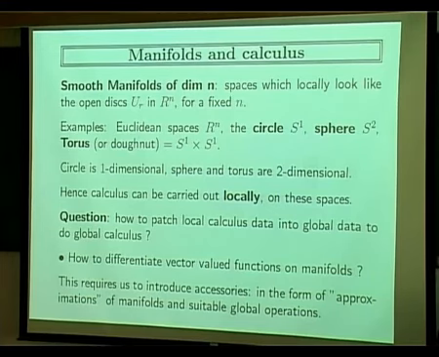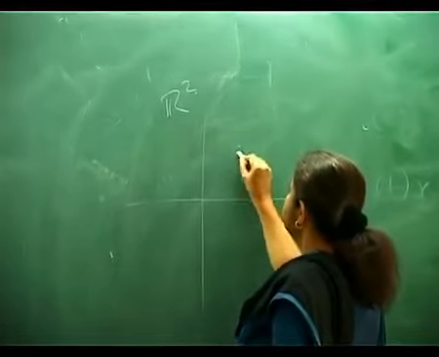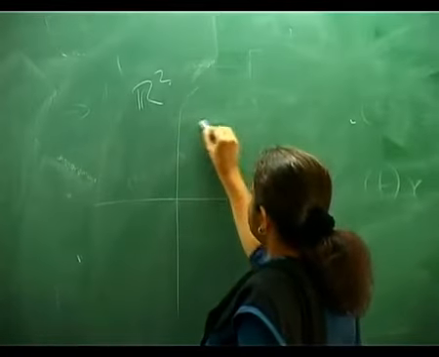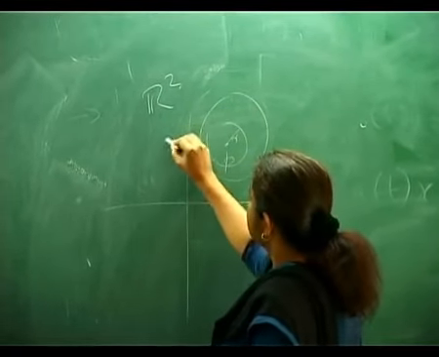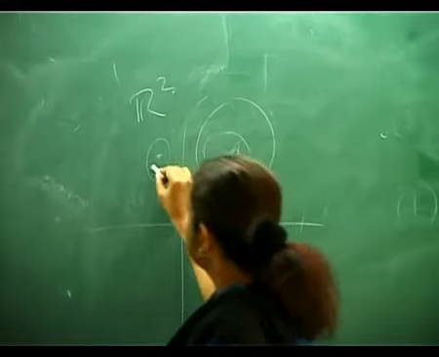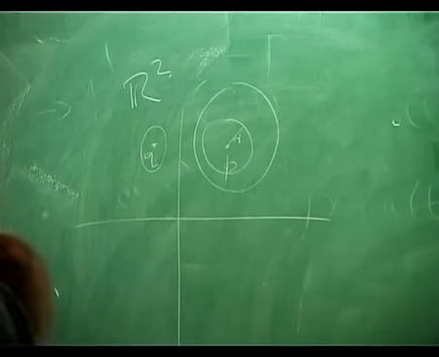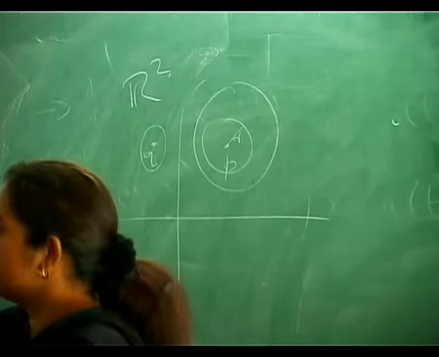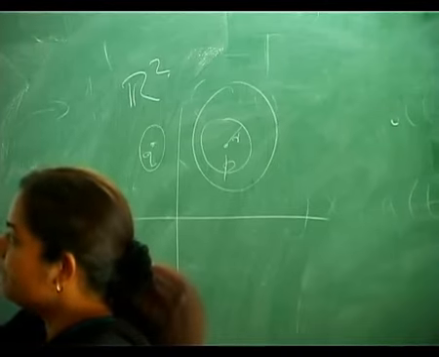You start with your n-space, for example this two-dimensional plane, and then you choose any point on your plane, and you have different neighborhoods of radii r and so on. This you can do for any given point. So you look at the collection of all these open disks and open subsets, and you get a topological space, but we say that it's a manifold of dimension n.